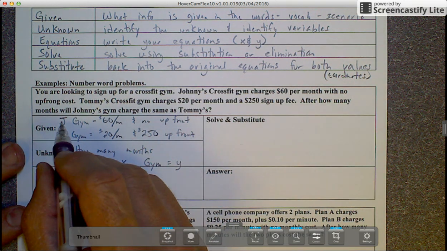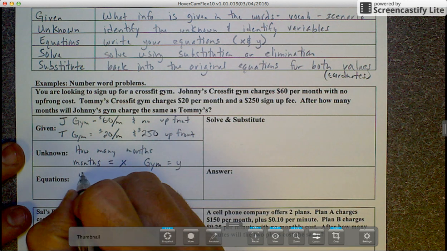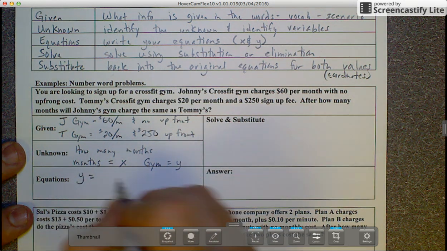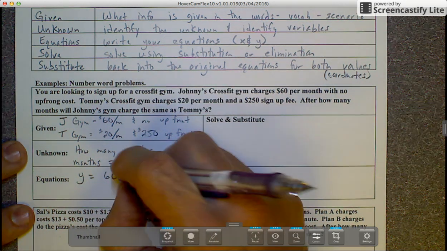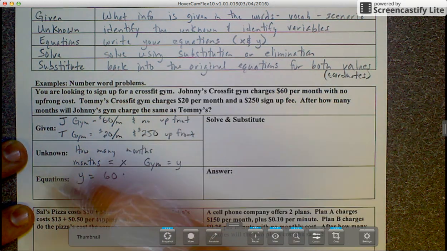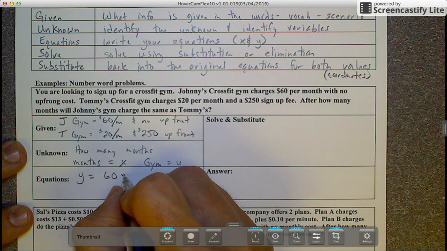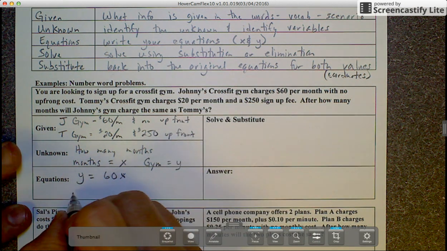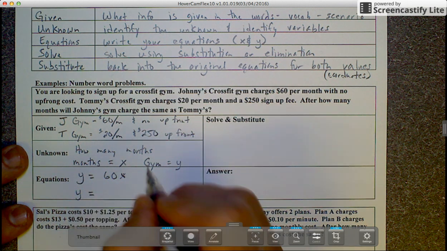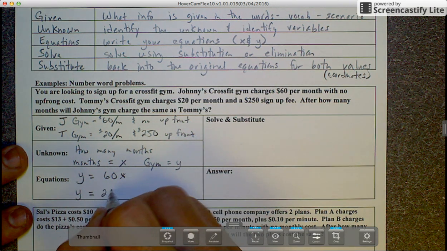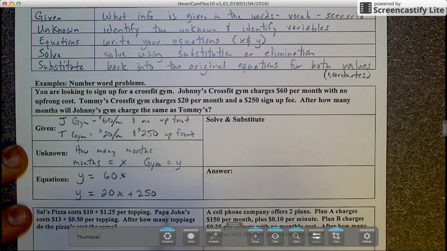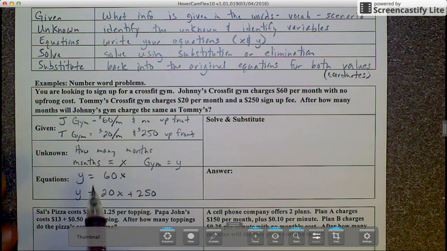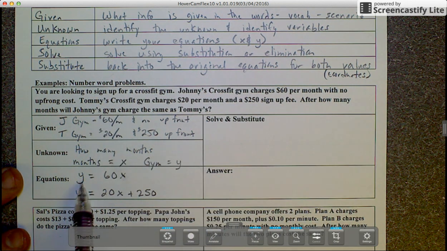And now we're going to set up our equation. So Johnny's gym is equal to $60 per month, 60x, because the months are our X value. Tommy's gym, another Y, is equal to $20 per month plus a $250 charge. And now we have two equations set up.